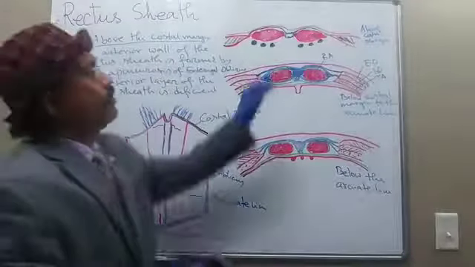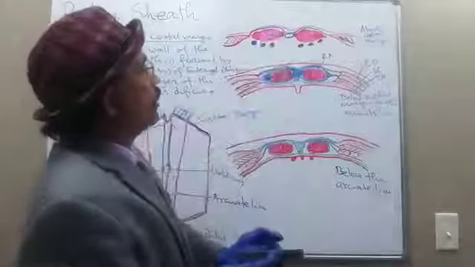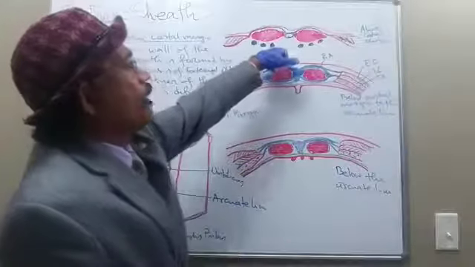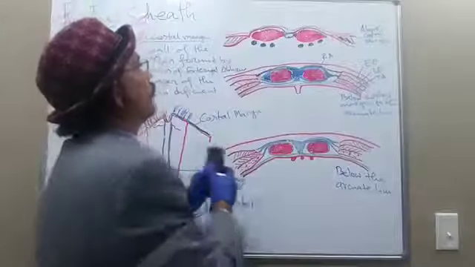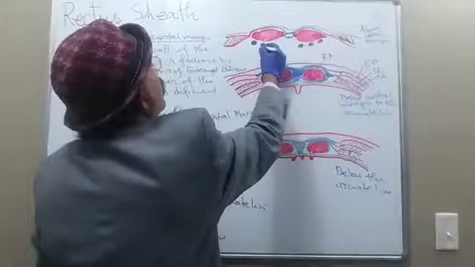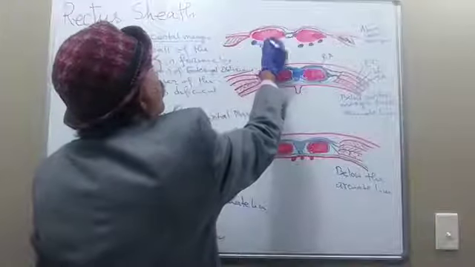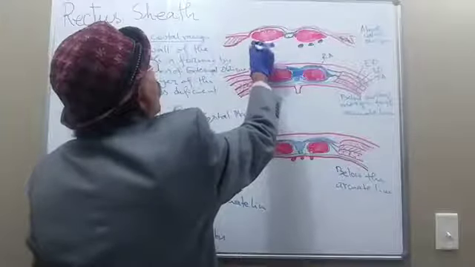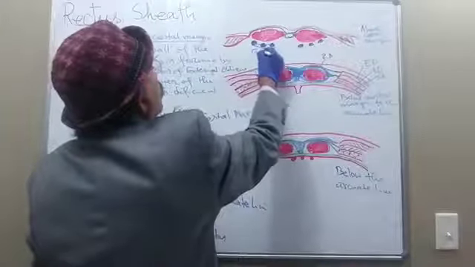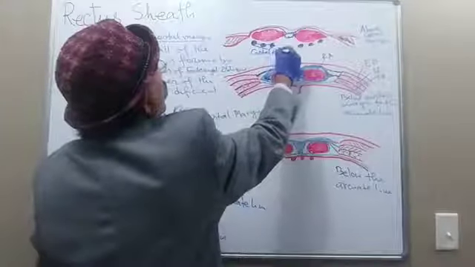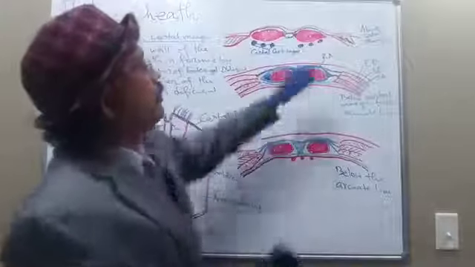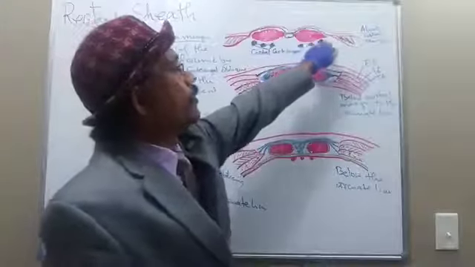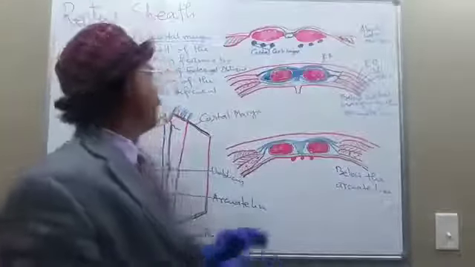So the rectus abdominis muscle just inserts onto costal cartilages 7, 6, 5. These are the costal cartilages.